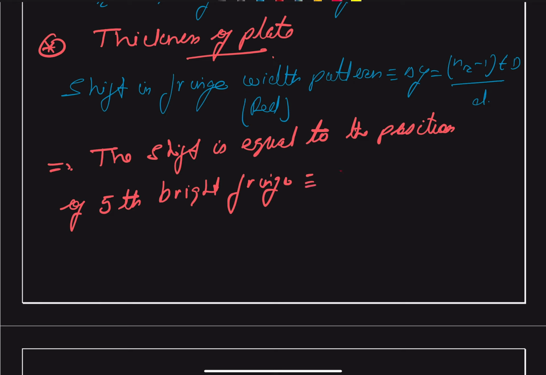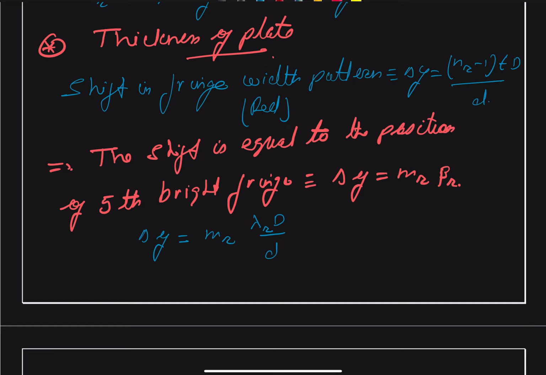So we can write our delta y will be equal to our m_R, that is the order of shifted fringe, multiplied by its beta, that is beta R. And we can write this as delta y will be equal to m_R times beta, which we already know is lambda D upon small d, and here lambda is the wavelength for the red.